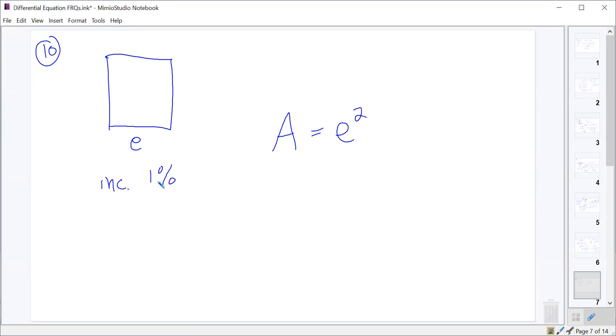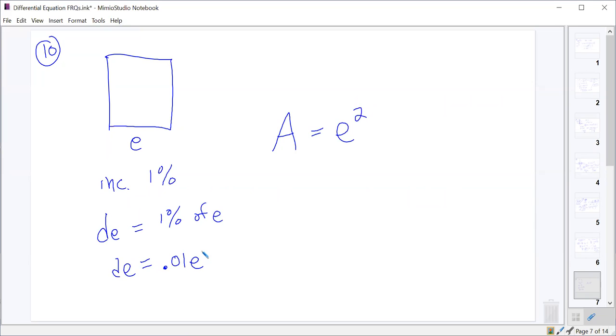If E increases by 1%, that tells us that the change in E, dE, is 1% of E. Well, what is 1% of E? That's 0.01 E. Right?